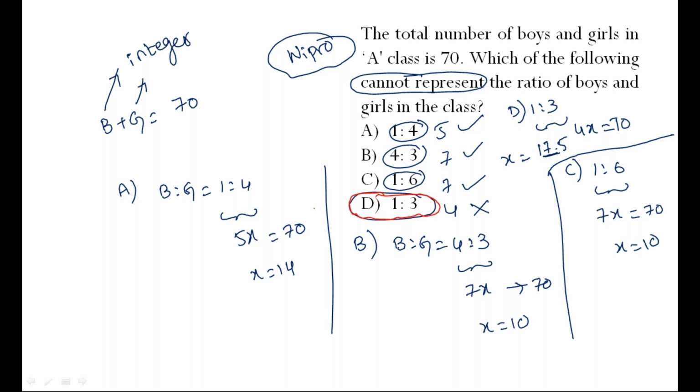So that's not correct. Boys and girls must be integers, right? Very good, guys. Now let's see the next one. Is it clear for everyone? Okay, let's go for the next class.